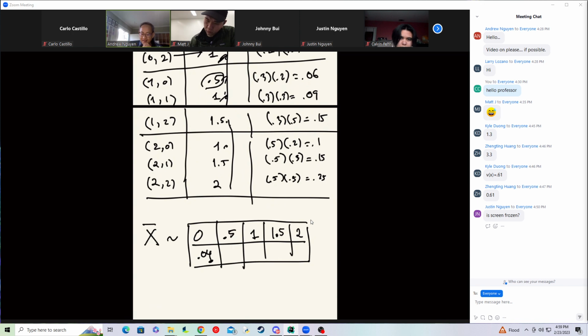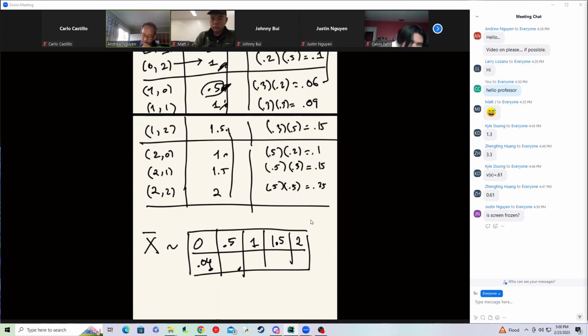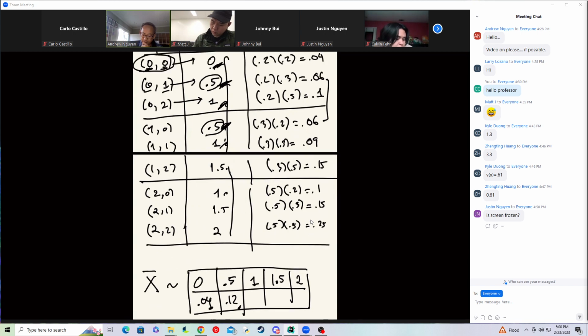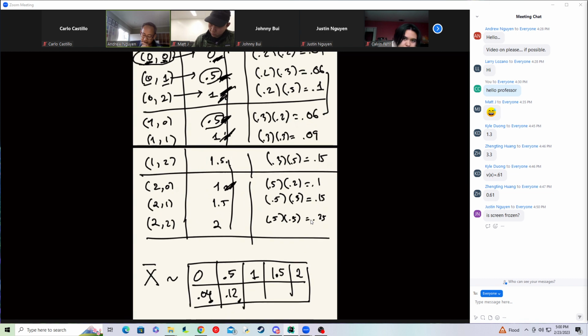Yeah. What's the chance that X bar is 0.5? Well, you see X bar could be 0.5 here, or X bar could be 0.5 here. So you add up the probabilities. So that's 0.12. Same thing for 1. I see 1 here, 1 here, and 1 here. So the probability would be 0.29.